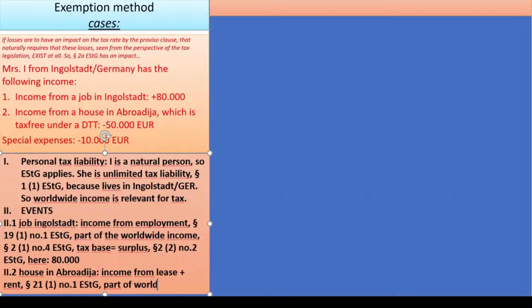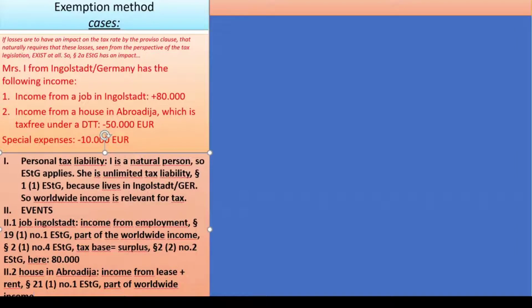Part of worldwide income, paragraph 2(1) number 6 ESTG. Tax base is the surplus here, given as minus 50,000, so a loss.